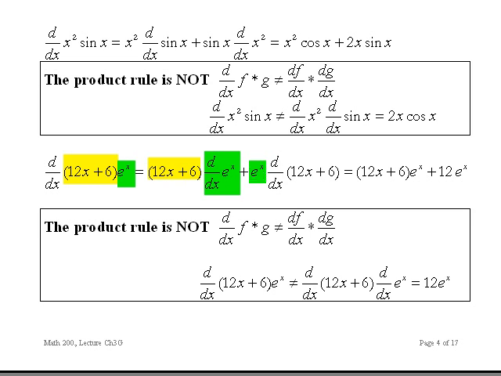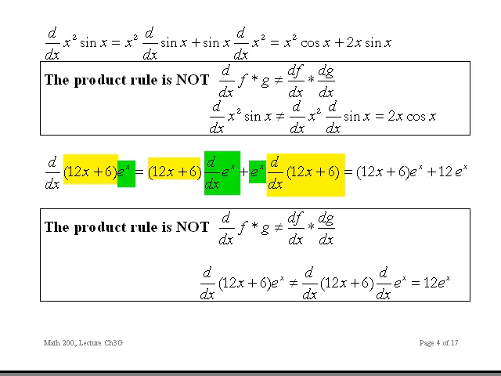Then I hold the e to the x constant and take the derivative of 12x plus 6, and there's my result. 12x plus 6 times e to the x, because the derivative of e to the x is e to the x. For the next term, I have 12, because the derivative of 12x plus 6 is just 12, times e to the x, which was held constant.